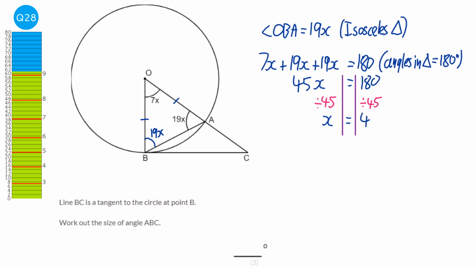Now, we're looking for this angle here. That's angle ABC. Now, there's a few different ways we could do this. We could work out what this angle is, because it's a big triangle, etc. Or we can use the fact that we've got a tangent touching a radius. So we know that this angle here is 90 degrees. So we can write that down. So angle OBC equals 90 degrees because it's the angle between a tangent and a radius.